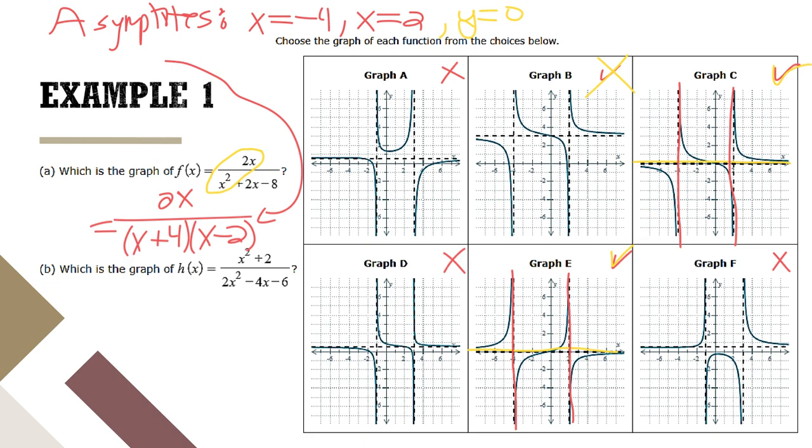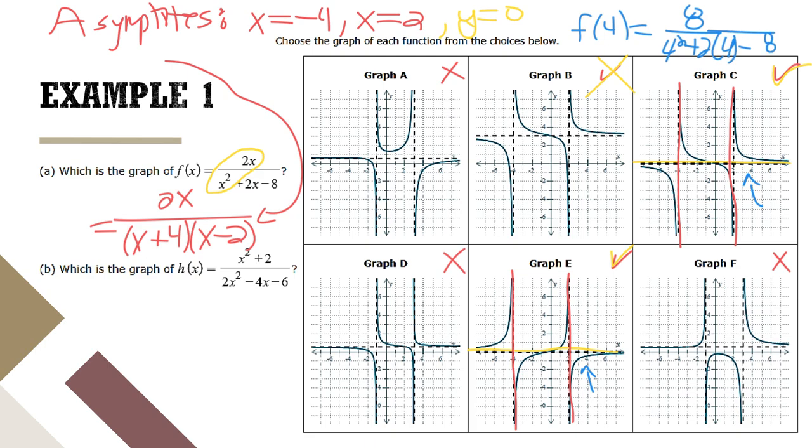Now, the last thing to do is just substitute in a point. So if I just say, well, let's plug in 4, notice how, in this case, it is negative if I plug in 4, and it's positive if I plug in 4. So just plug in 4 to this and see what we get. So if we do f of 4, well, in this case, we get 8 over 4 squared plus 2 times 4 minus 8.